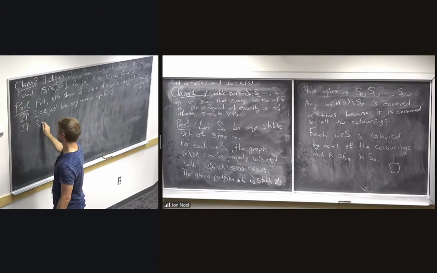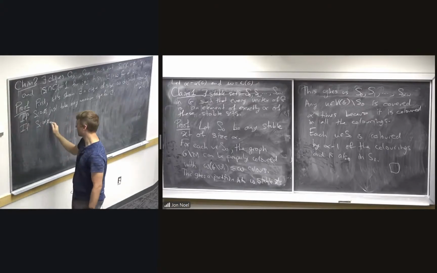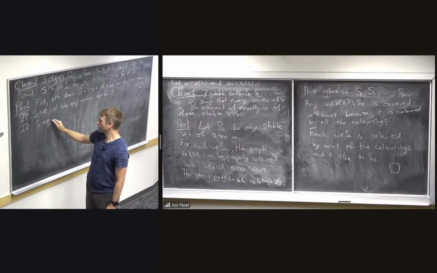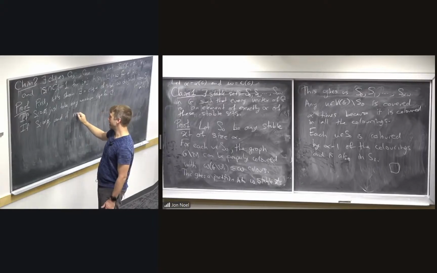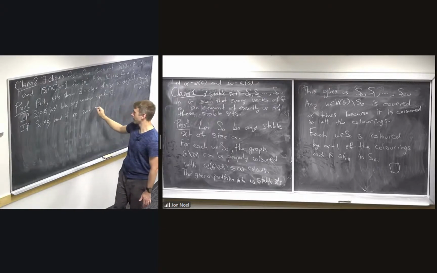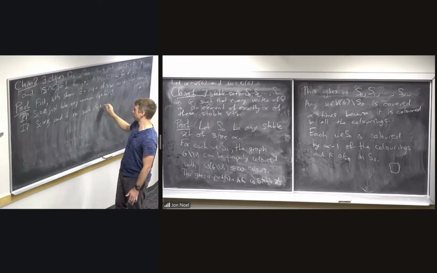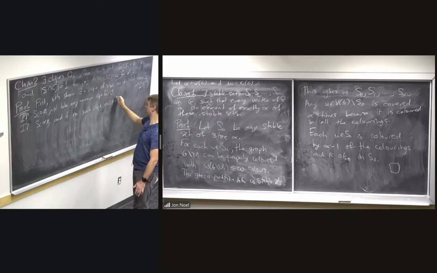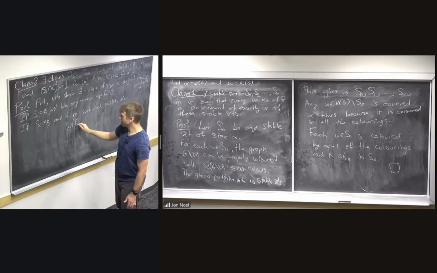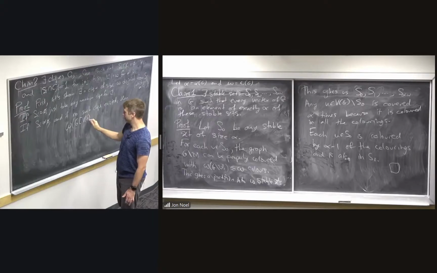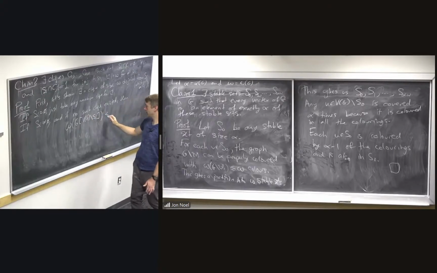If S_I is not empty, and if no such clique existed, then the clique number of the graph G induced by the vertices minus S_I would be less than or equal to omega minus 1.